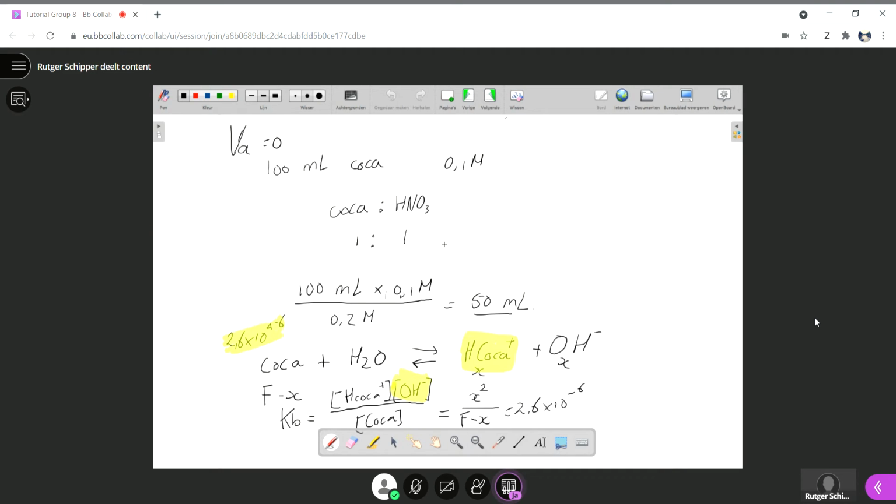But it's fine. The most important part of these calculations is that you understand what you're doing. It's not about the final answer, right? If your final answer is somewhere around 10 in pH, then you know you are right. But the most important part is to know that when you've added 0 milliliters of volume to the system, the pH is only adjusted because of the cocaine and not of the nitric acid.